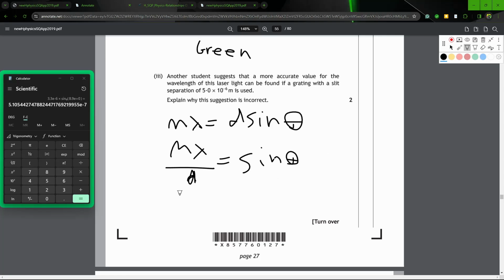So if d increases, then theta will be smaller. So harder to measure, so greater uncertainty.